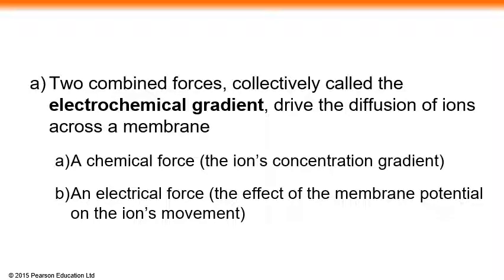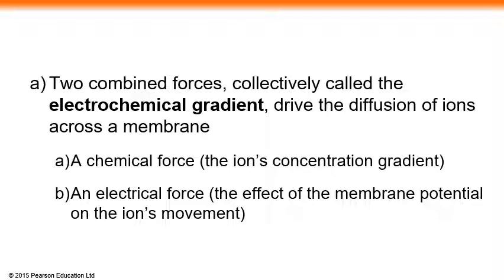Before the discussion about membrane potential, we just considered the concentration gradient of the solute. However, we combine two forces, collectively called the electrochemical gradient. So two parts combine together: electricity and chemical concentration.